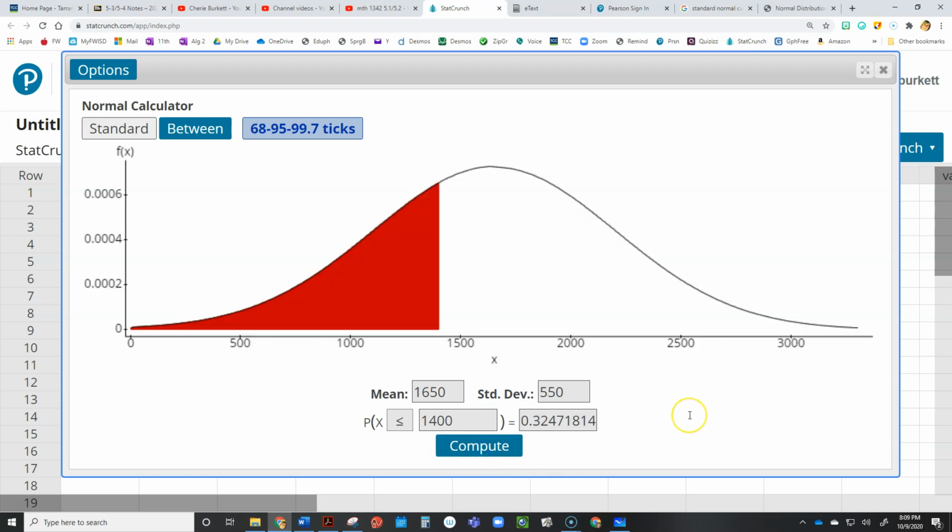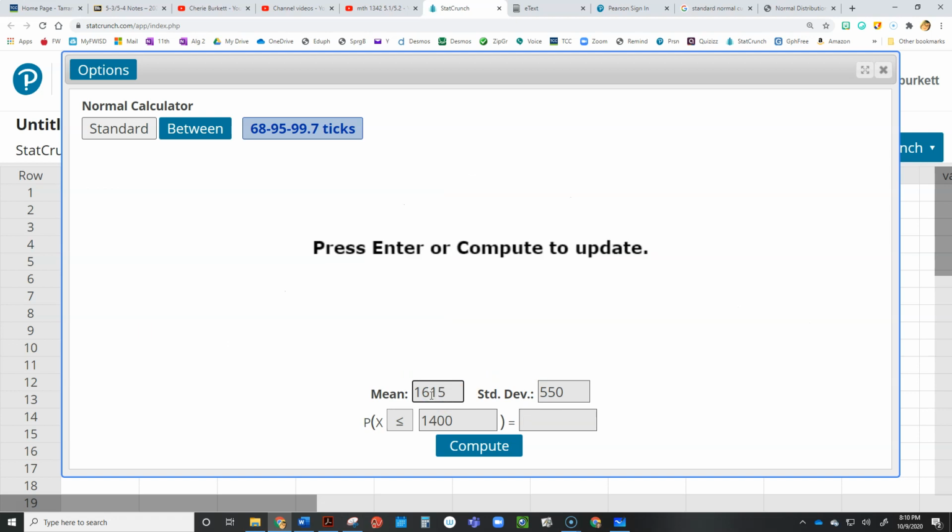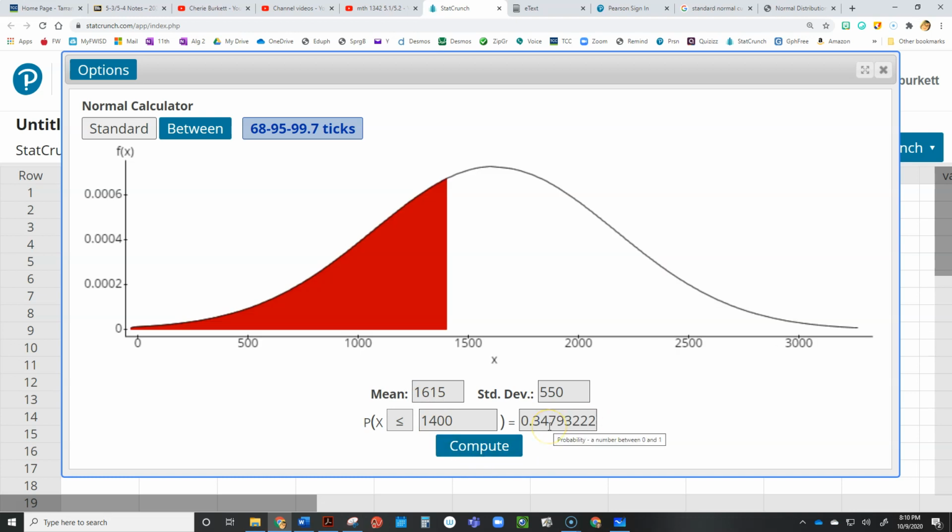So we compute and we get, oh, I put in the wrong number right here. It's 1615. Okay, now compute it and I get 3479.